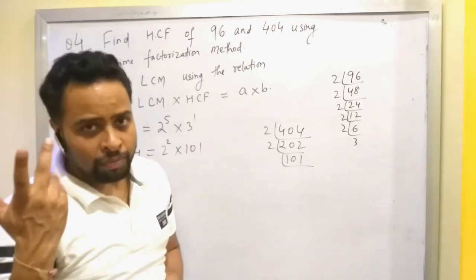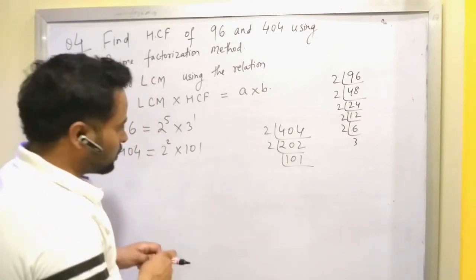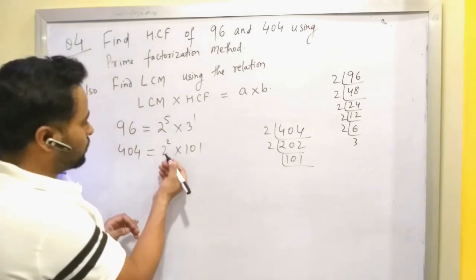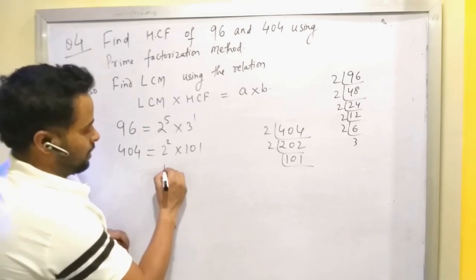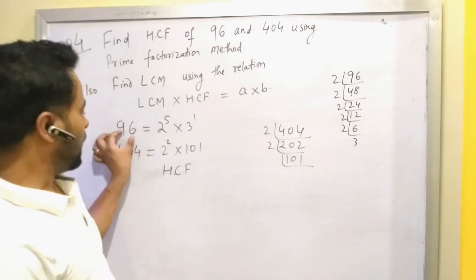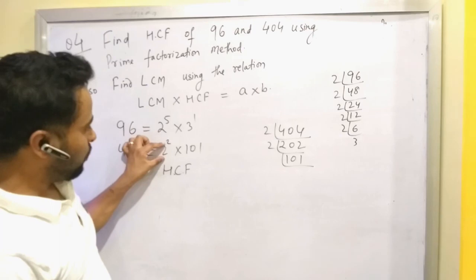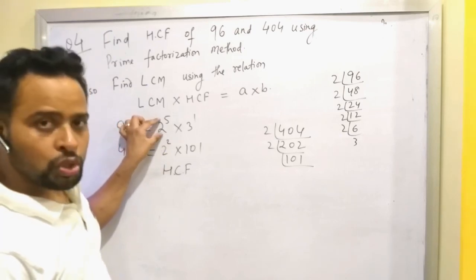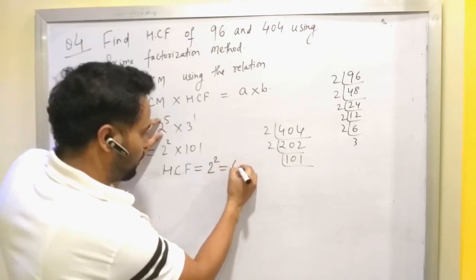Even if we get, this will be a prime number maybe. So HCF of 96 and 404. 2 square is 4. Here also 2 square is there. HCF is 2 square, that is 4.